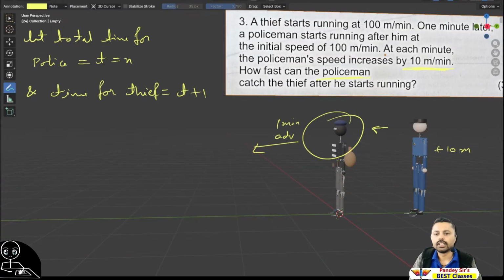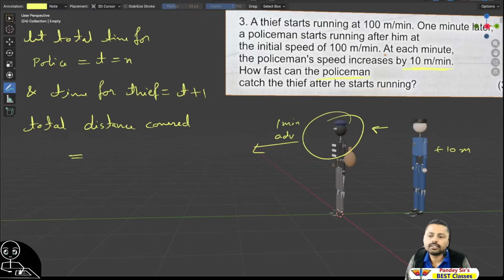Now since the thief was going at a constant speed of 100 meters per minute, we can get the thief's distance. So total distance covered equal to time into speed. That's n plus 1. Keep in mind this T is n. I will actually change it to n. n plus 1 into the speed, that's 100.